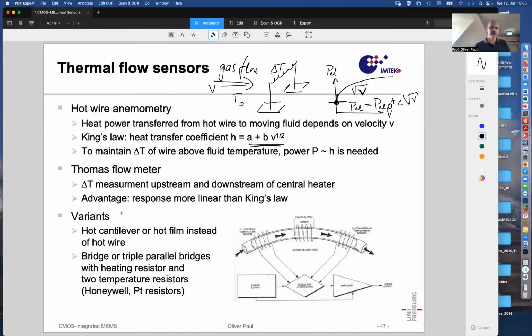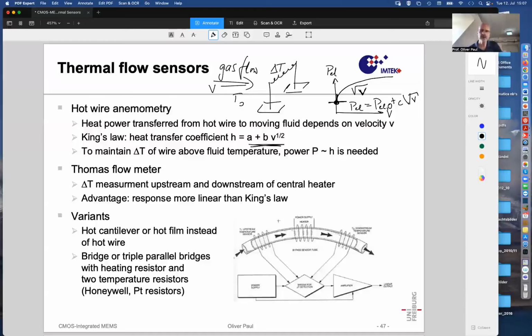So one design that overcomes this drawback is the thermal flow meter or flow sensor. It also has this idea that one heats the gas at some location, but one doesn't measure the heat drawn away from this heater. Instead one measures how much heat is transferred to another resistor downstream while not being transferred to a second resistor upstream.